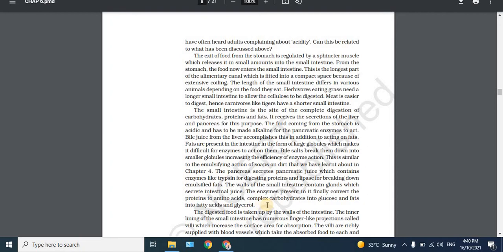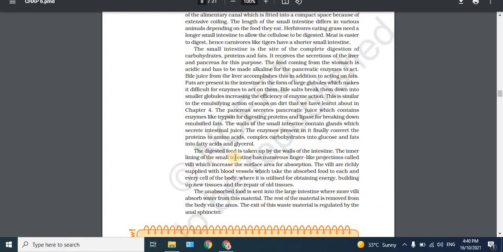The digested food is taken up by the walls of the intestine. The inner lining of the small intestine has numerous finger-like projections called villi, which increase the surface area for absorption. The villi are supplied with blood vessels, which take the absorbed food to each and every cell of the body, where it is utilized for obtaining energy, building up new tissues, and repair of old tissues.